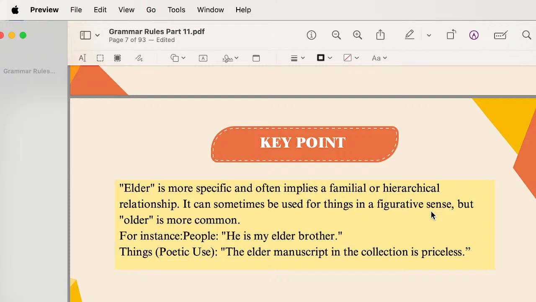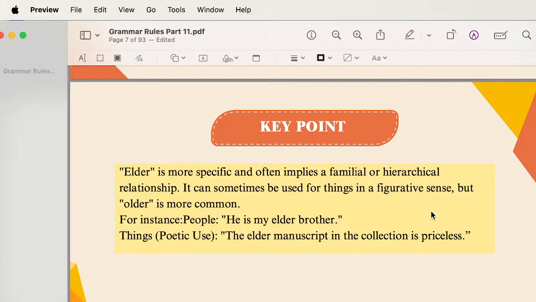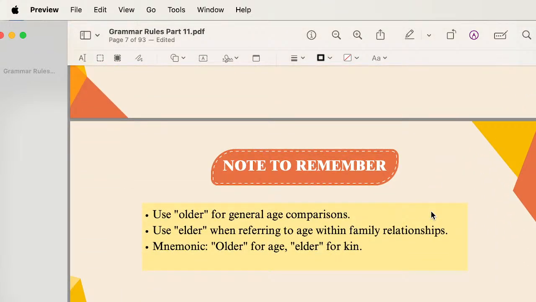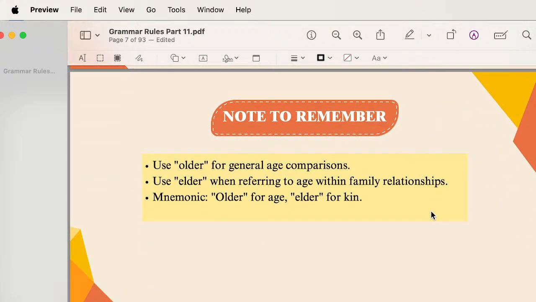He is my elder brother. You belong to the same family as your brother's family. Therefore, you're using elder here. Okay, so remember this. Okay, this is something that can be kept as a screenshot. So, if possible, take the screenshot of this image as well.